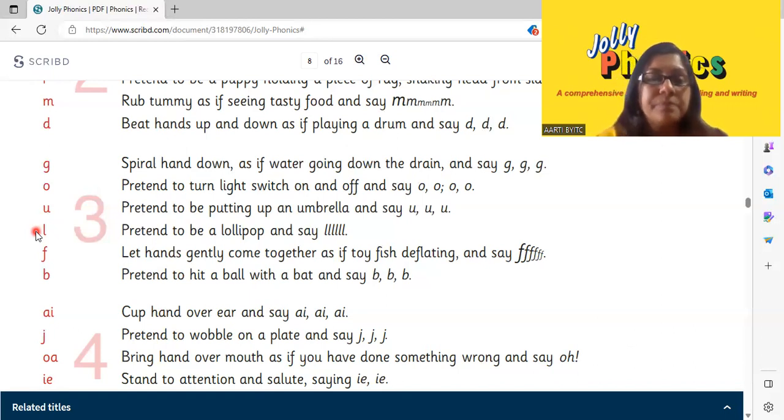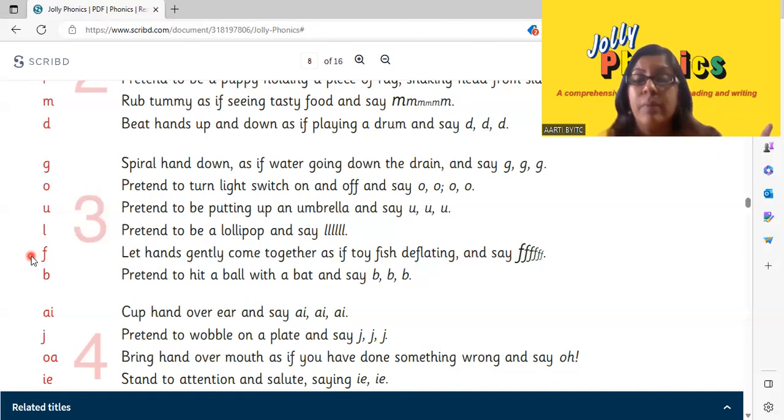Letter F. Moving towards letter F. Let's gently come together as a toy fish deflating, right? So I have a toy fish which is very fatty, which is full of air, and I'm deflating it. And when I'm deflating it, the air is coming out.